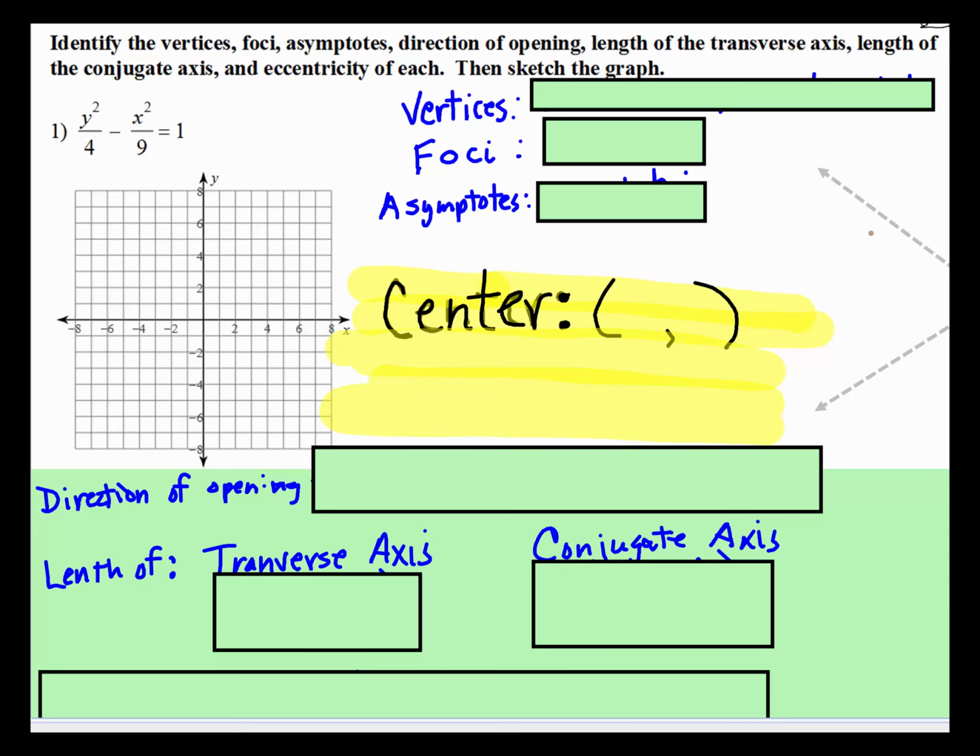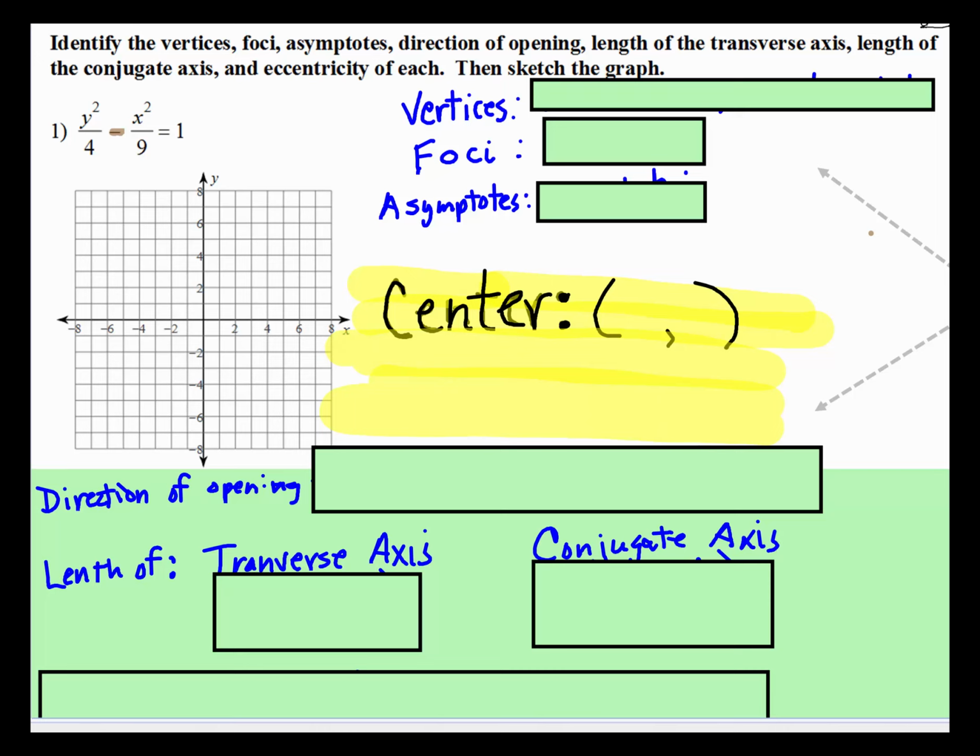Hyperbolas are different than the others, and this time there's a subtract between two things. So one thing I want you to pay attention to is which variable comes first.